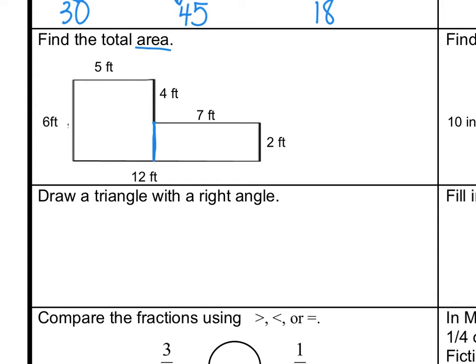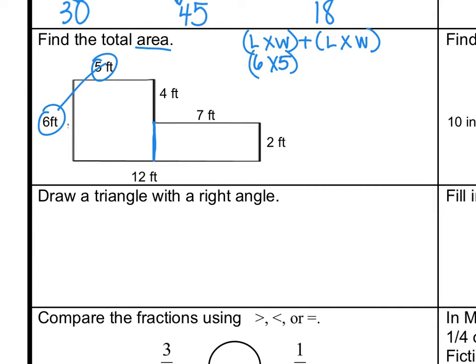We're going to do length times width 2 times because we have 2 rectangles to look at. Now if we only had 1, we would only do length times width 1 time. On the first figure over here on the left, we're going to do 6 times 5 in parentheses. And on the figure on the right, we're going to do 7 times 2.